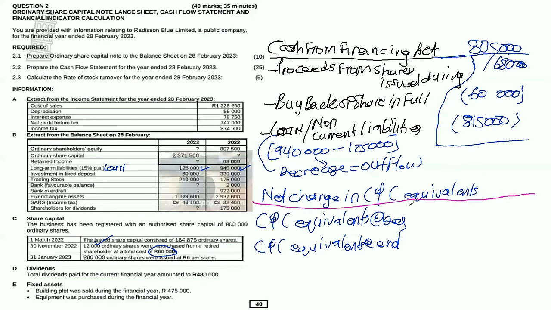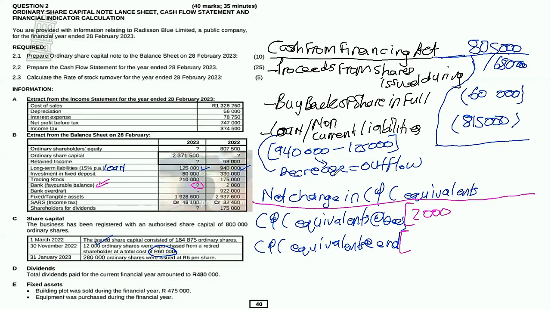So now open brackets. For cash and cash equivalents, if you're not given petty cash float or savings account, you look at your bank. Now we have our bank in brackets. It's favorable. So at the beginning, our bank was 2,000. At the end, it was a balancing figure.